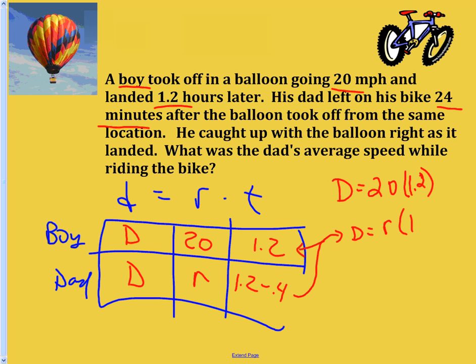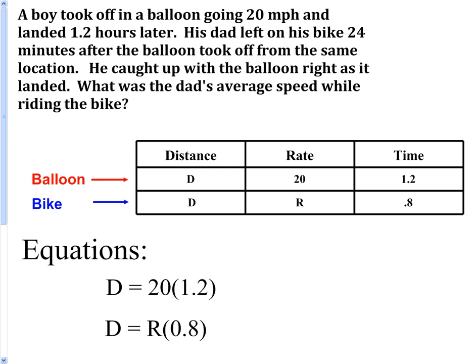Let's just say that's 0.8. And now I can do substitution. Wherever I see a D, I can put an R times 0.8, so I'd put that here, and then I would solve for R, and we'd all be happy and live happily ever after. Okay, moving along. This is just a summary of how to answer that question.